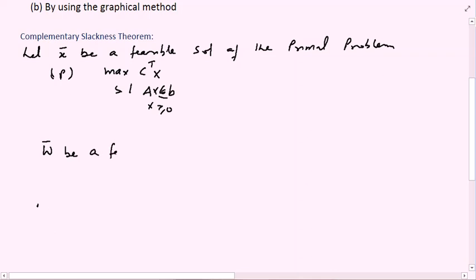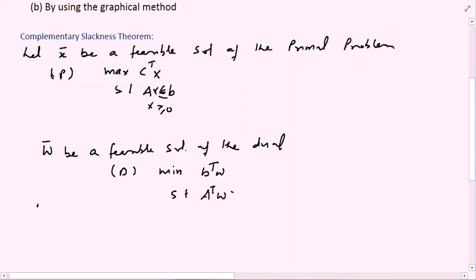be a feasible solution of the dual, which is, say, minimize b transpose w subject to A transpose w greater than or equal to c, w non-negative.